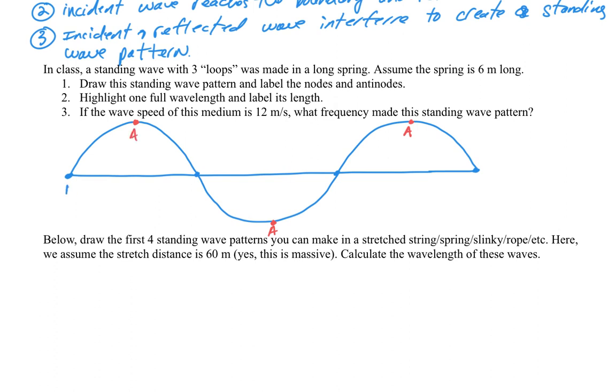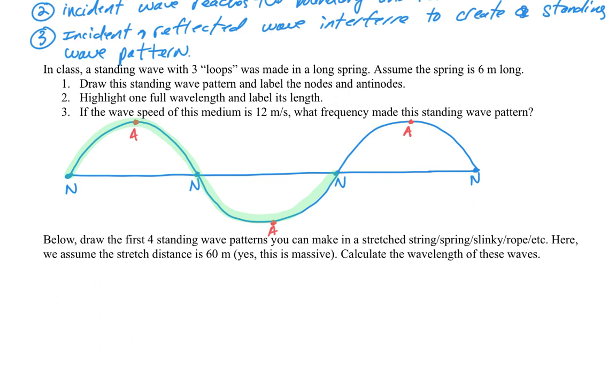So we can label our nodes with an N and our antinodes with an A. So that's the pattern that we'll see in class. And if we want to highlight just one full wavelength, so a wavelength is a crest and a trough, this right here, one crest and one trough, is one wavelength.